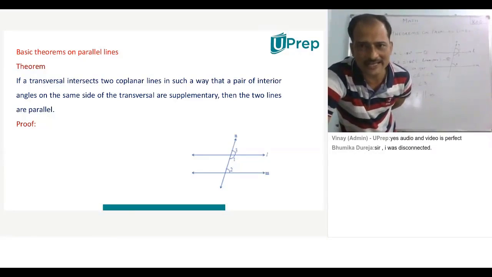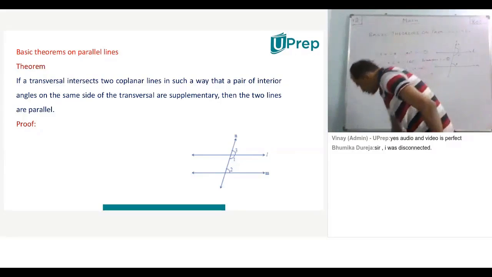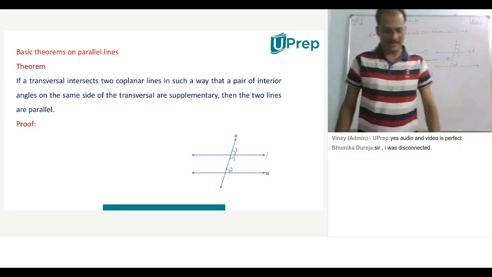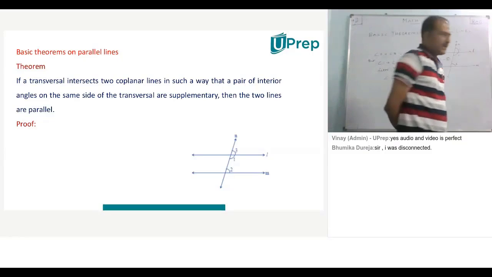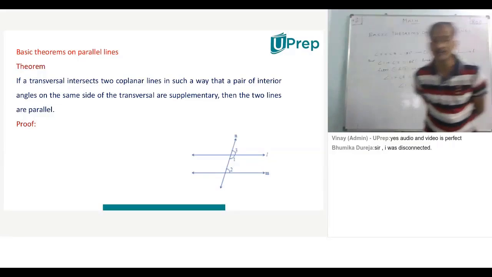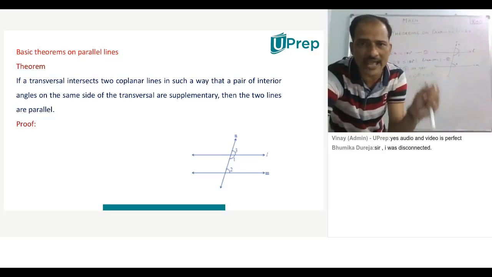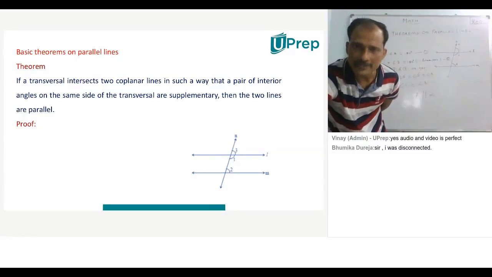Okay. If a transversal intersects two parallel lines, then each pair of consecutive interior angles are supplementary.